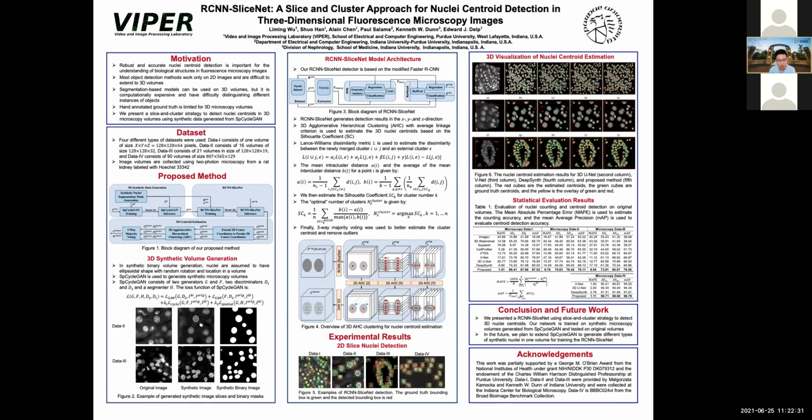During training, the second column and the third column are used as the training samples to train our RNN-SliceNet detector. Our detector is based on a modified version of Faster RCNN. We use VGG16 as a feature extractor to extract features from the input image.